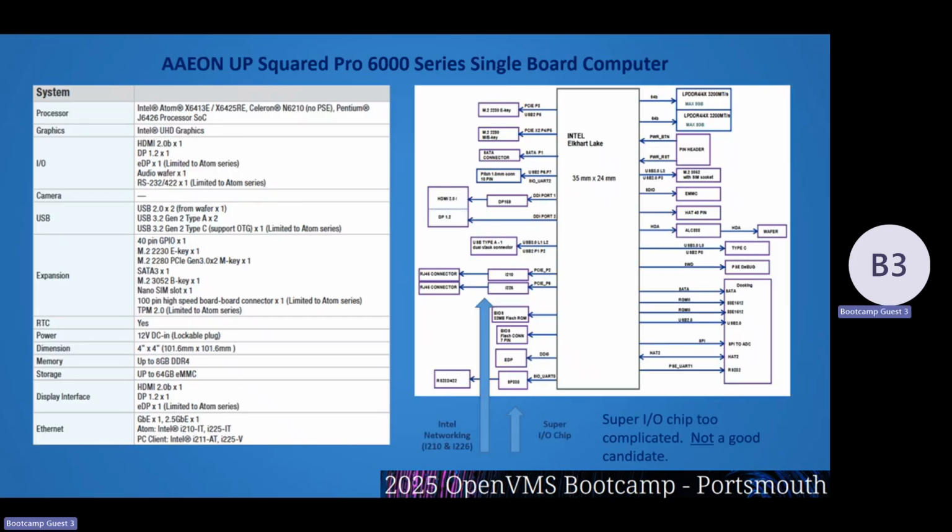This board is a follow-on to the UP2 Professional from Aeon. It's the UP Squared Pro 6000. This was actually looked at by, I think, a customer of VSI. And it looks kind of similar to the UP2 Professional.